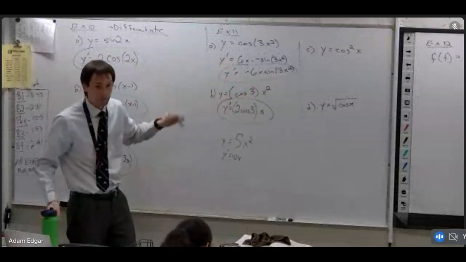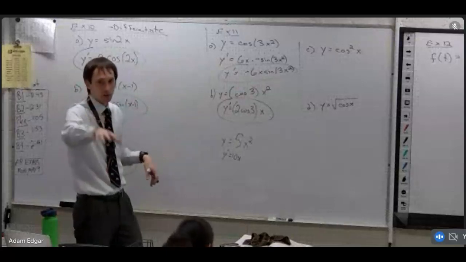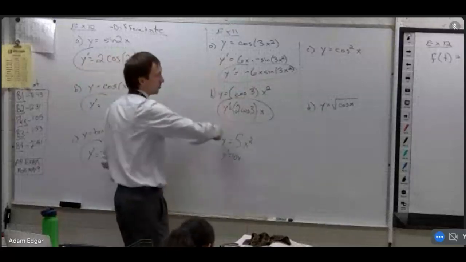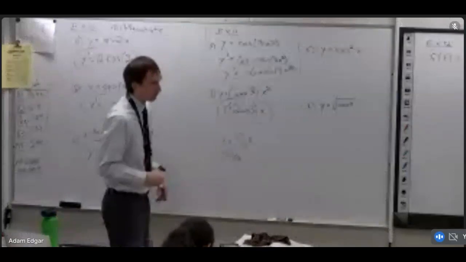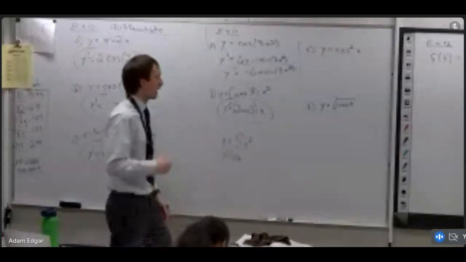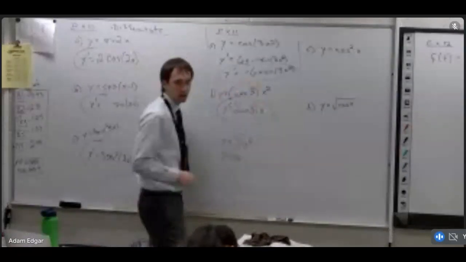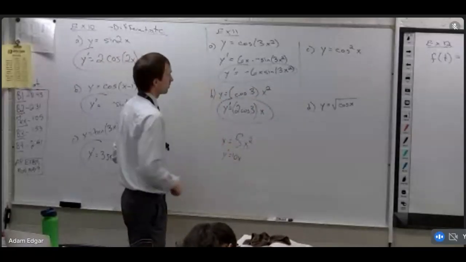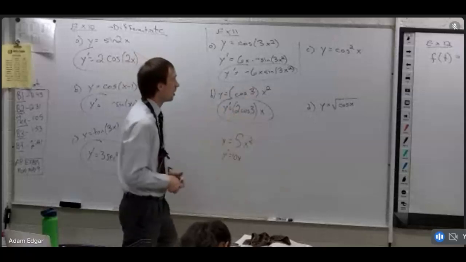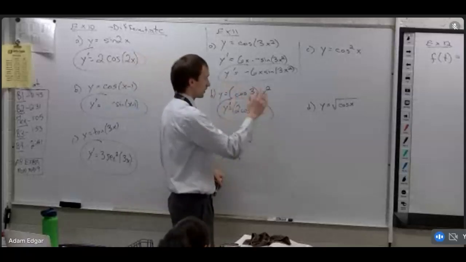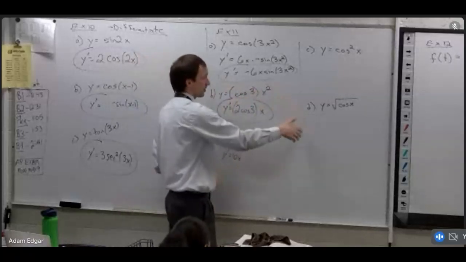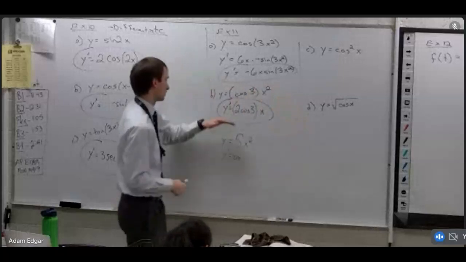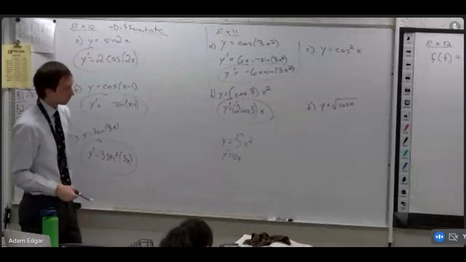Like if you want to do this with product rule and say, my first function is cosine of 3, so its derivative is 0. And my second function is x squared. And say derivative of the first guy times the second is 0, because the derivative of the numbers is 0. Plus, original first guy is cosine of 3 times derivative of the second guy is 2x. You end up in the same place. But that was a lot more work.